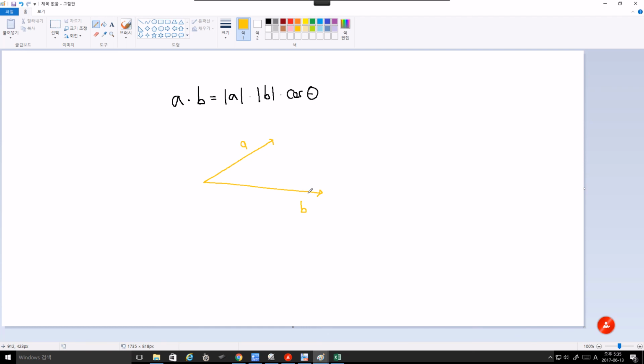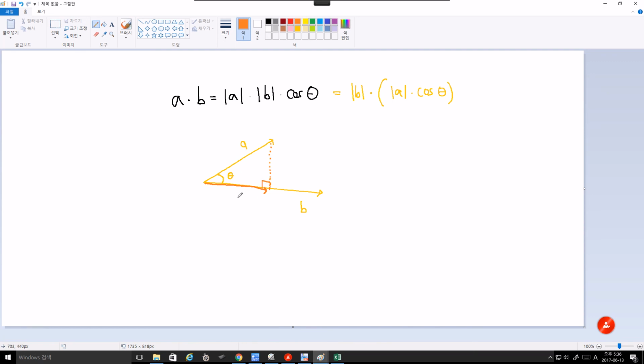Okay, so now it becomes B multiplied by A cosine theta. Now A cosine theta is basically this one, the length of this line.